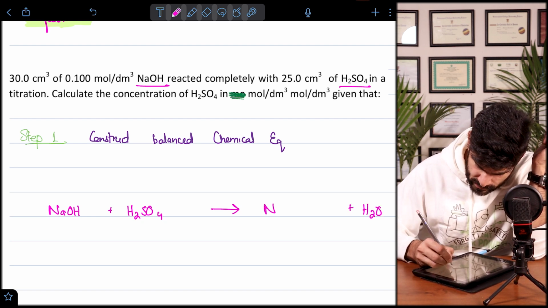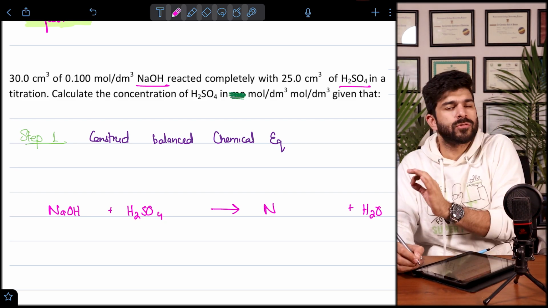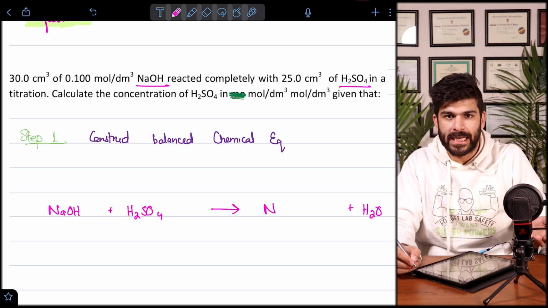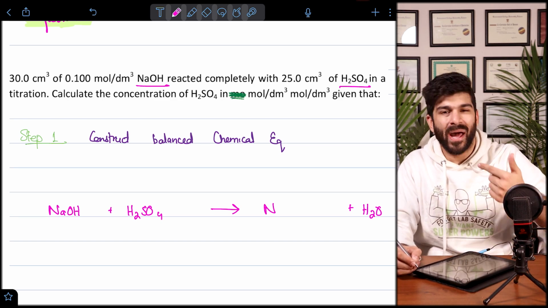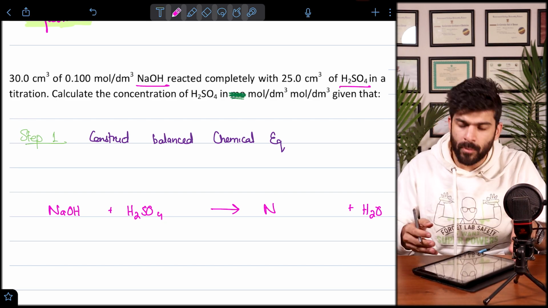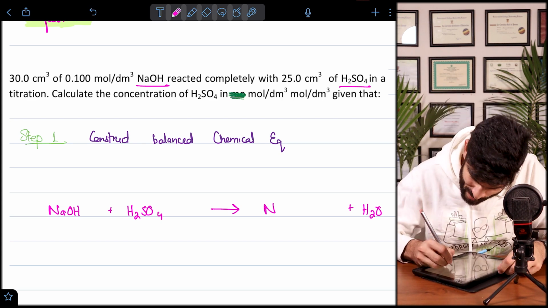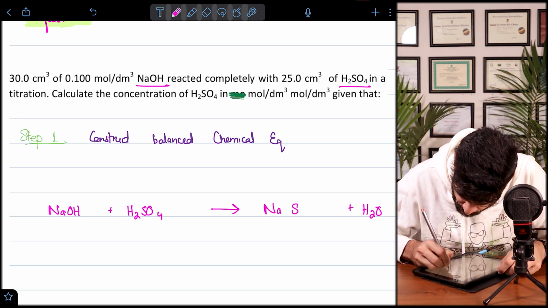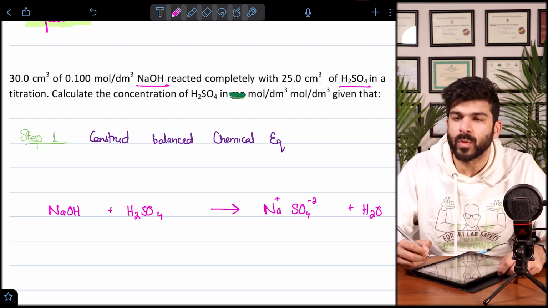So students, sodium sulfate is a formula which most students write incorrectly. If you write the formula incorrectly, your balancing would be wrong and your stoichiometric calculations would be wrong. So let's see what the formula of sodium sulfate would be. If we have NaSO4, we know that SO4 is -2 and Na is +1.